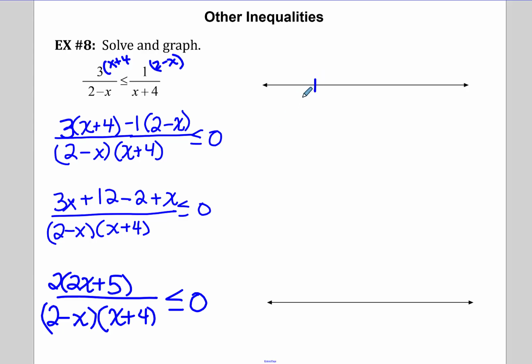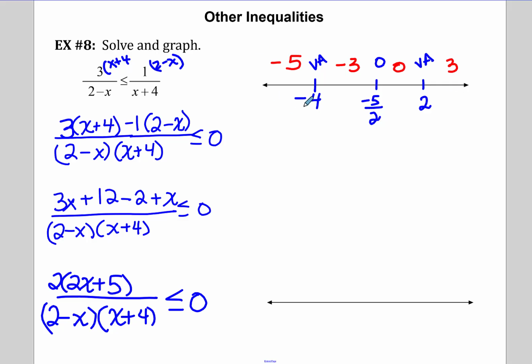So on my number line, I have a vertical asymptote at -4, a 0 at -2.5, and another vertical asymptote at 2. And I'm going to test -5 and -3 in this section, 0 in this section, and testing 3 in this section.